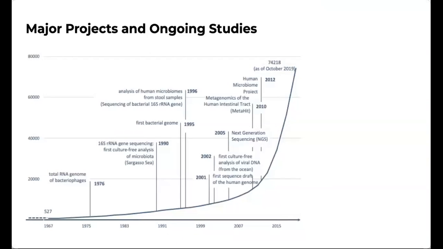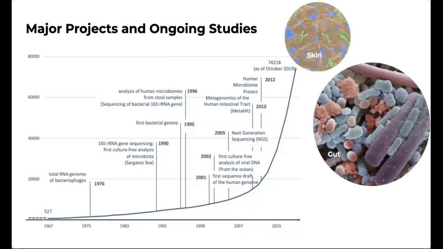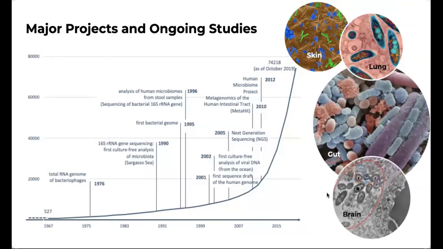So since the 1990s, many of these microbiome studies were significantly advanced through major initiatives such as Metagenomics of the Human Intestinal Tract and subsequently the Human Microbiome Projects, and several huge studies that have been made possible through the advancements in metagenomic sequencing itself, right?